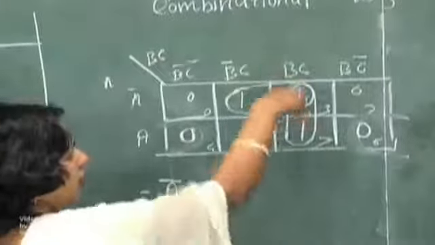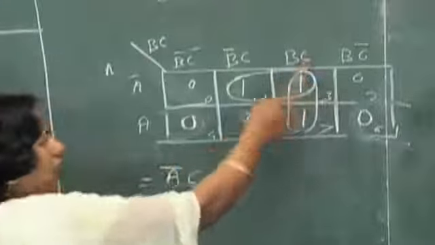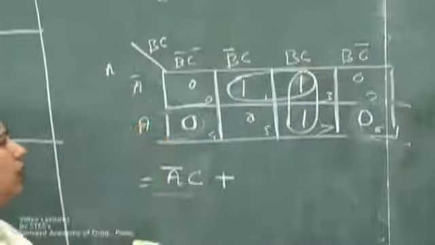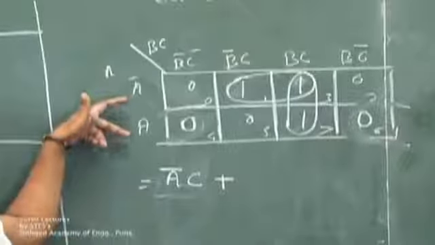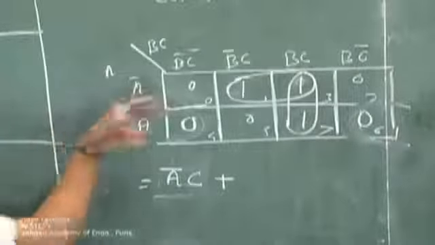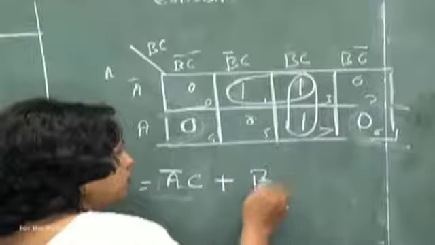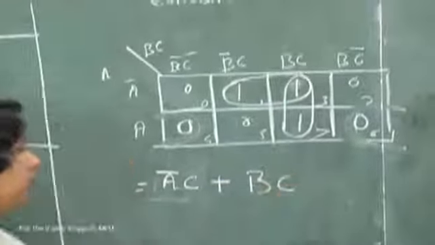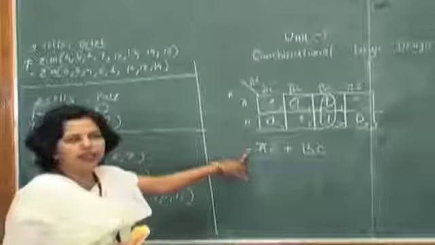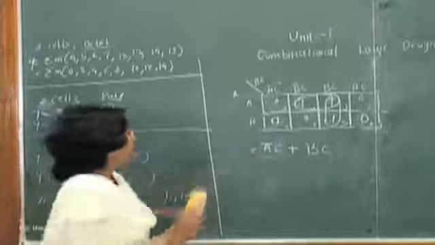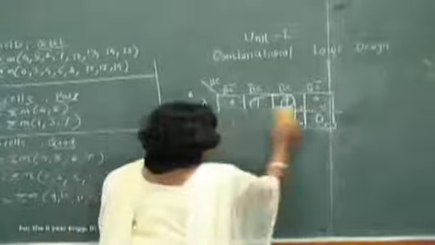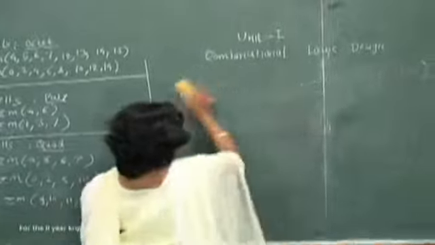If I see vertically, it is BC and horizontally it is A and A bar, which are again complements of each other, so that term will get cancelled. The answer for this one is BC. So the answer for our second equation, summation m 1, 3, 7, is A bar C plus BC. This is the coupling of 2 adjacent ones, which is called pairing.